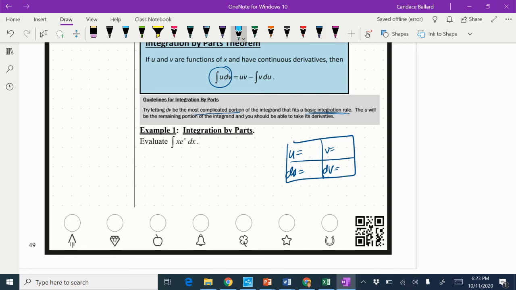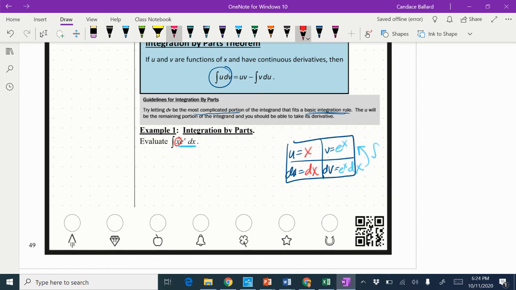This part here looks like the most complicated portion, so I'm going to use that. Then I'm going to integrate it to get v. So when I integrate e to the x dx, I know I get e to the x. We're not going to put the plus c's in at this point. Now we're going to put this in as the u, and its derivative would just be dx.